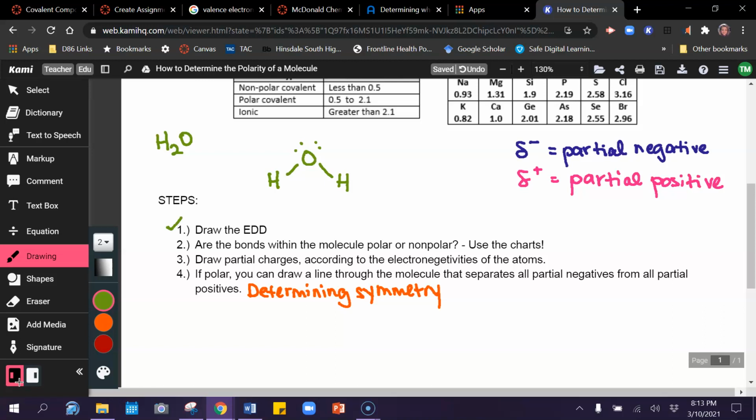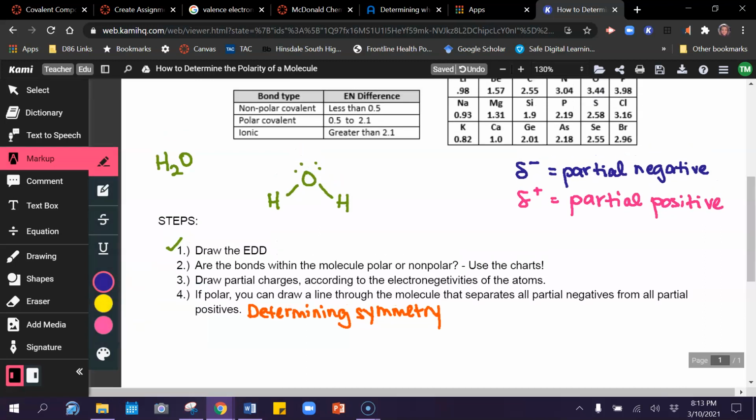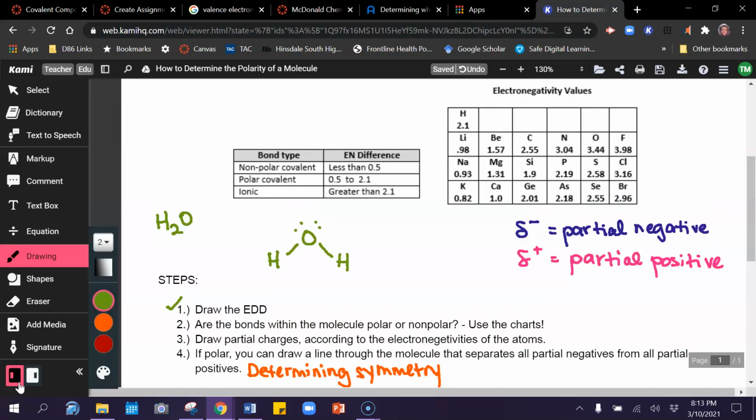Step number 2, we need to figure out if the bonds in the molecule are polar or nonpolar. So I'm talking about this line and that line. Are those bonds polar or nonpolar? In order to determine that, I need to figure out my electronegativity difference between hydrogen and oxygen. So if I take a look at my table, my electronegativity value for hydrogen is 2.1.